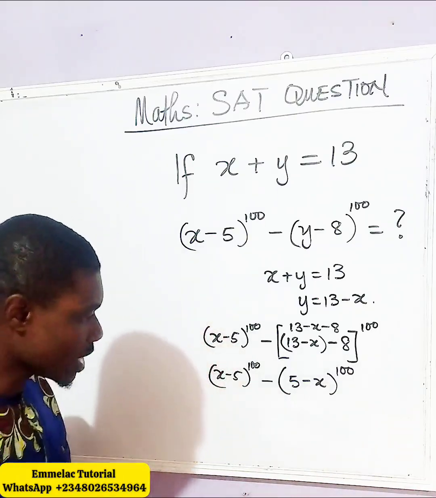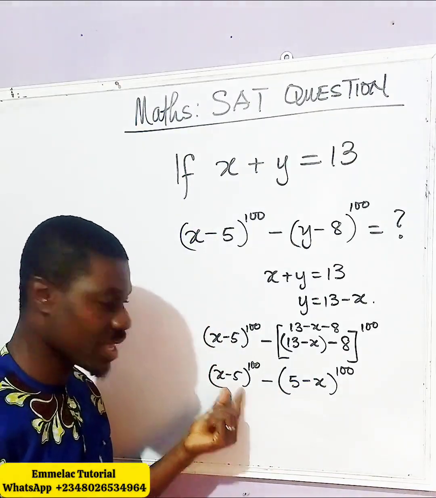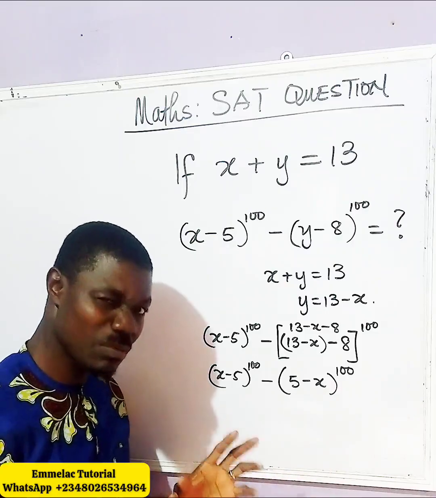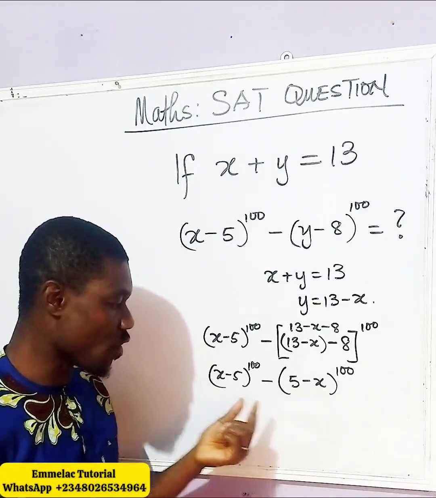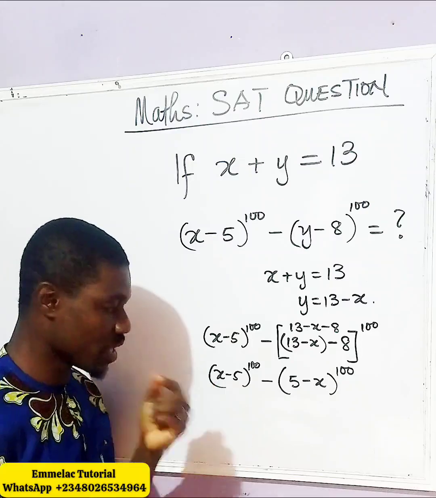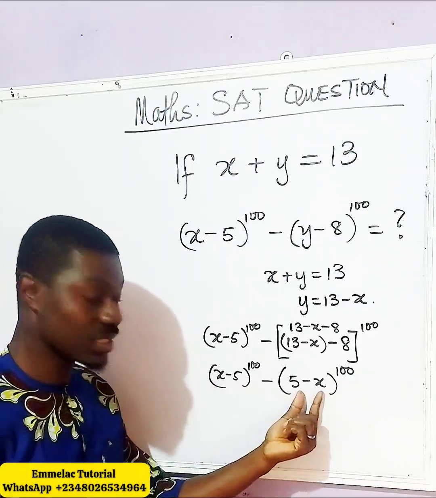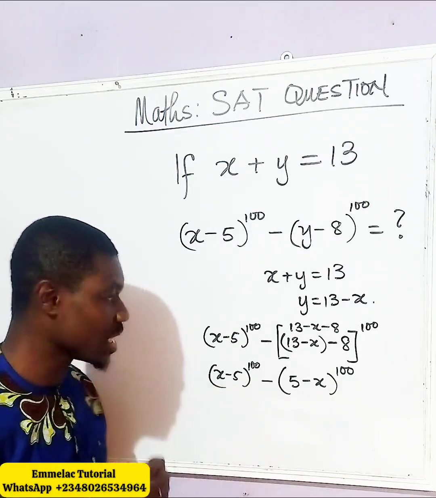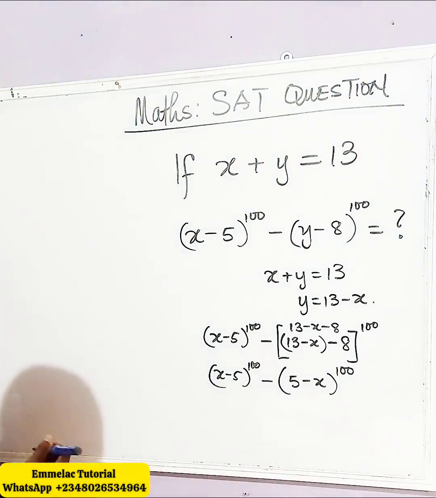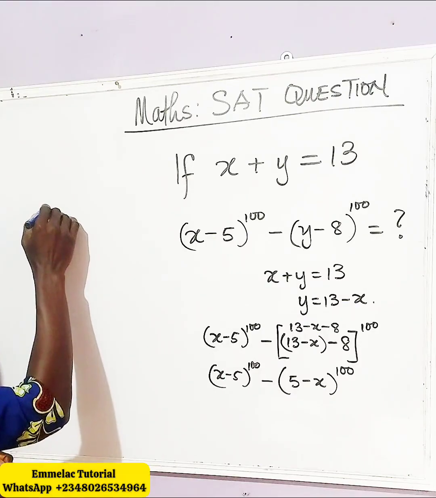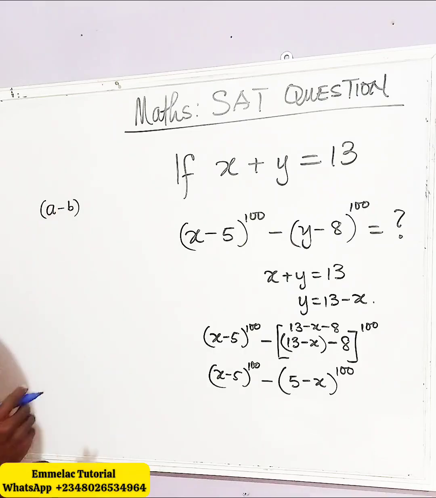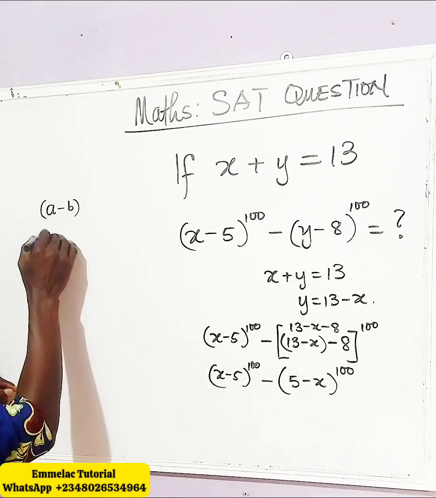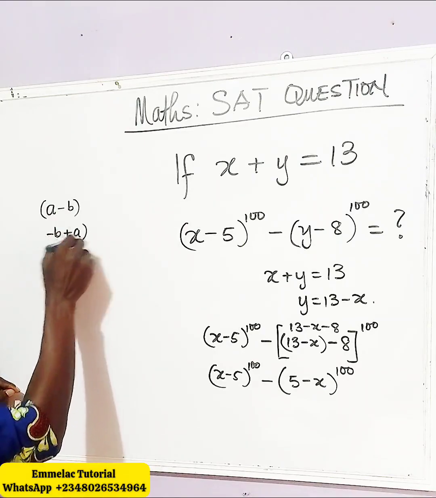Now, if you look at this term and this term, you see they are similar, but this is the negative of this. So for us to make this term the same as this, let's do something unique. If you have a minus b, this can be written as minus b plus a.